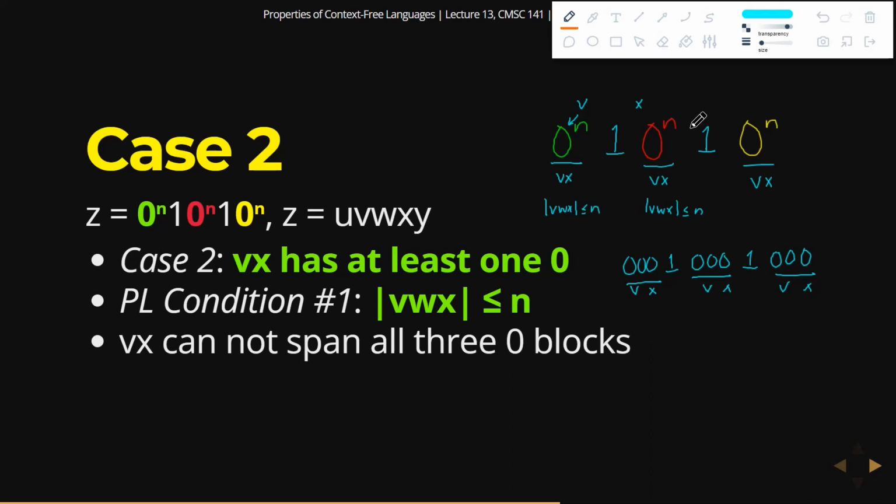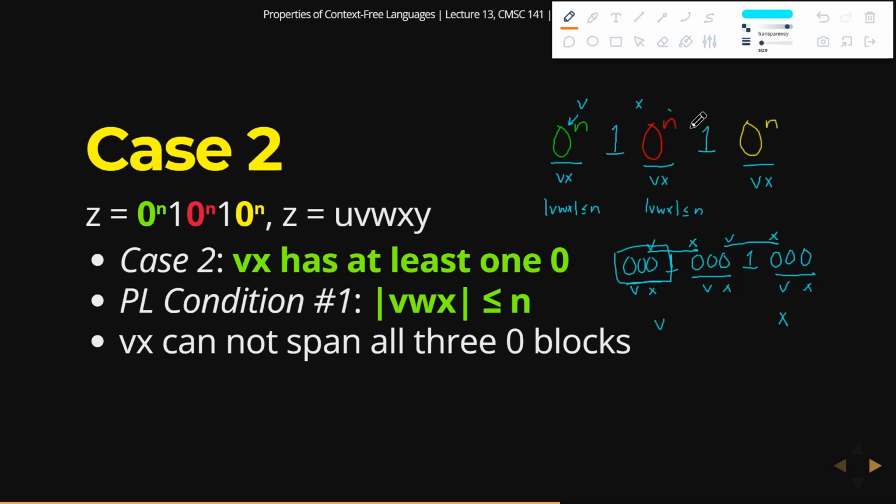But it's also possible that we start with v here and end with x here, or we start with v here and end with x here. However, it cannot span all 3. It cannot start with v in the first 0 block and have x in the third block.